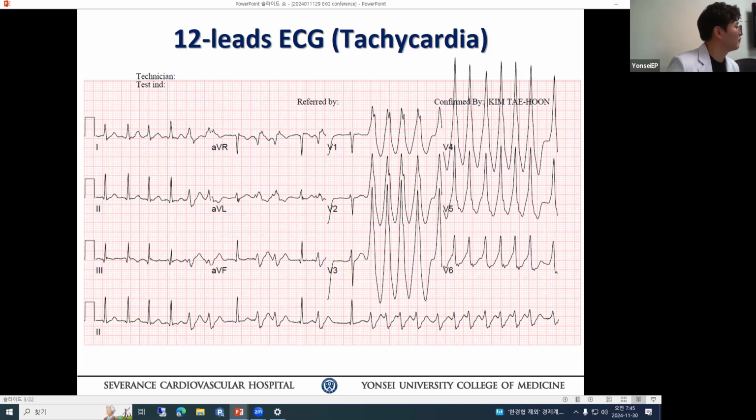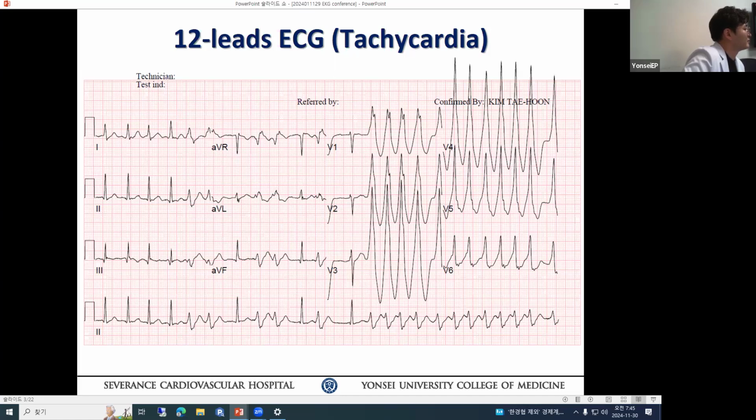But yes, my first choice is atrial fibrillation with aberrancy or some atrial tachycardia, because there are quite regular P waves. It's not like the F waves in atrial fibrillation, maybe it's atrial tachycardia with aberrancy.